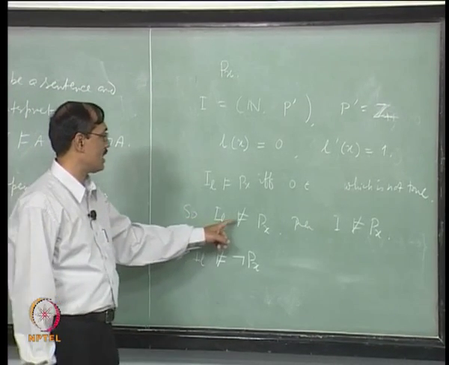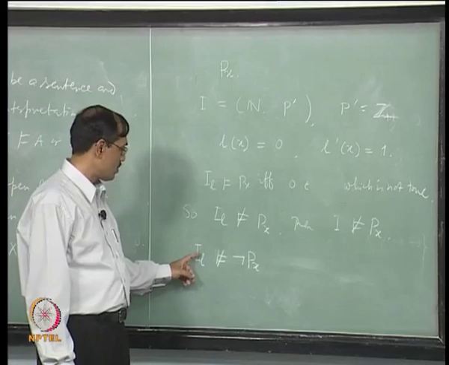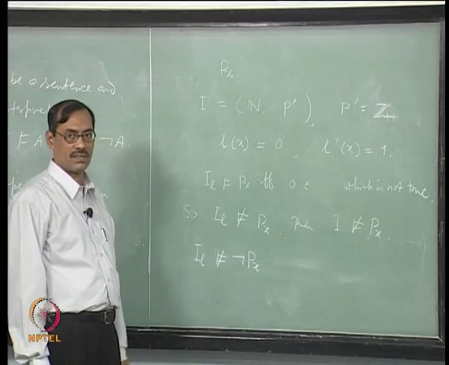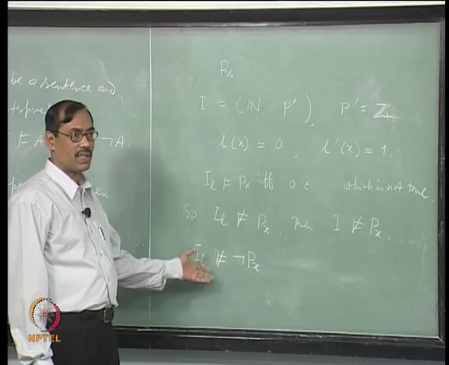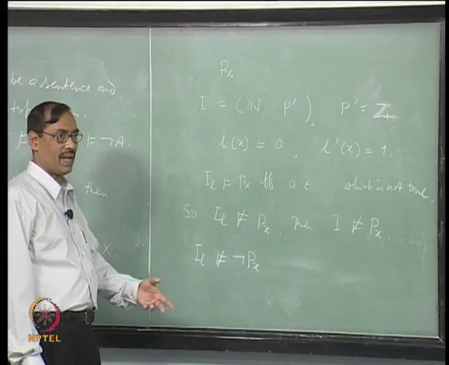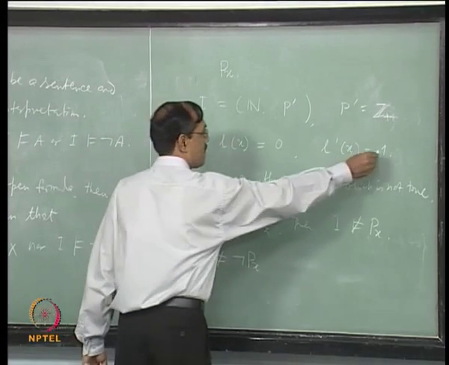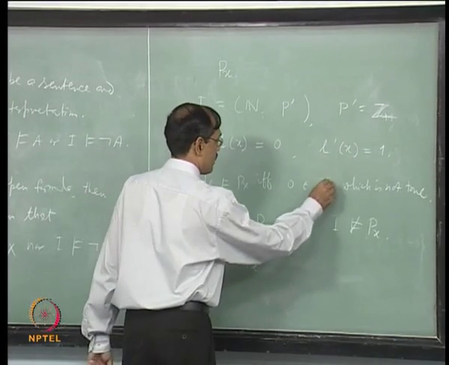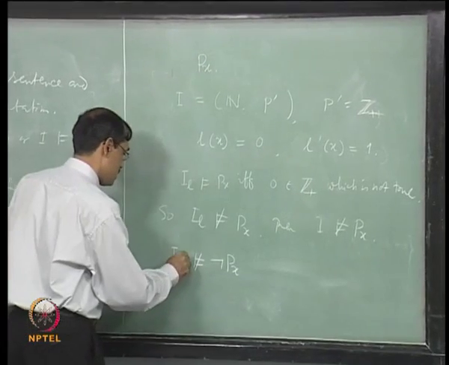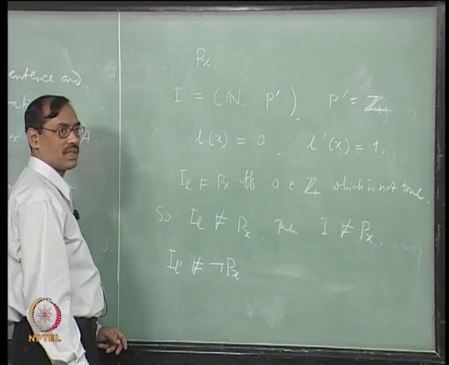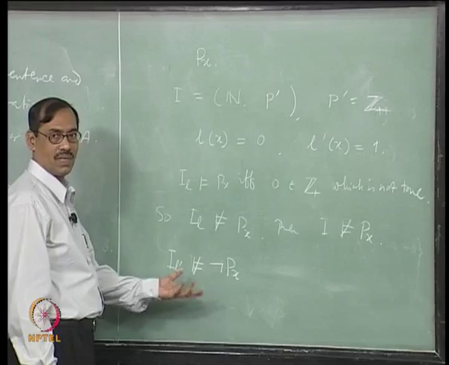Here we have shown that I L does not satisfy P x. Now we want to show I L does not satisfy not P x, right? But that will not happen. Let us take I L prime, because L prime of x we have taken as 1. So, let us try I L prime does not satisfy not P x. Is it true? That is what we want to verify.